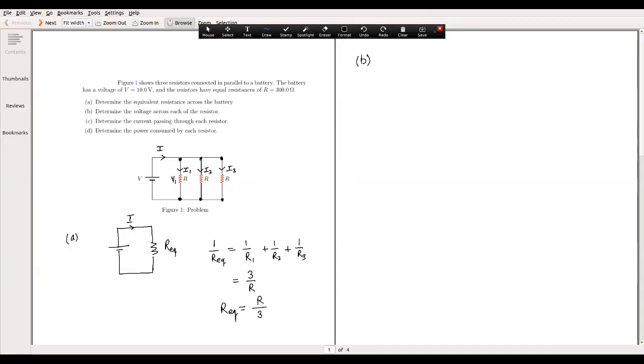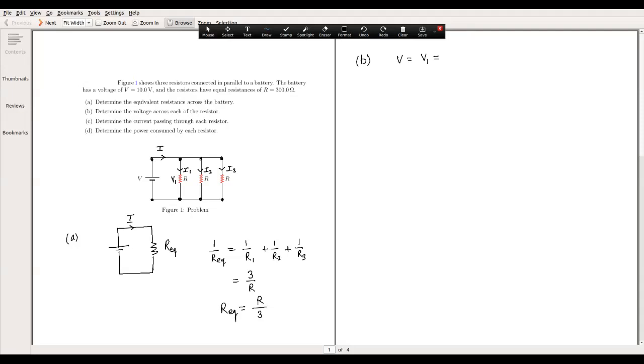But all those are exactly the same as the potential difference across the battery, because this is all connected by the same wire. In a conducting wire, the potential is the same between any two points. So the potential difference between the top wire and the bottom wire is the same everywhere. That leads us to conclude that V is the same as V1, so the potential difference across the battery is the same as the potential difference across each of the resistors.